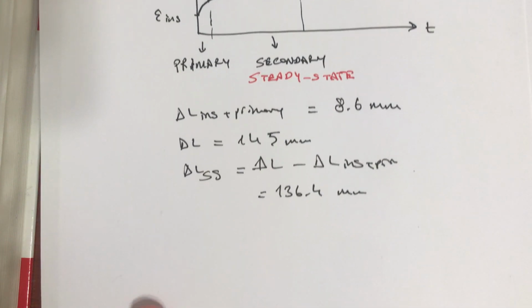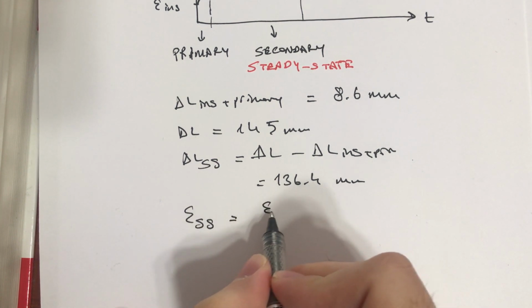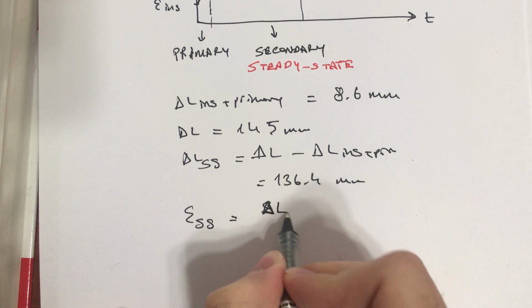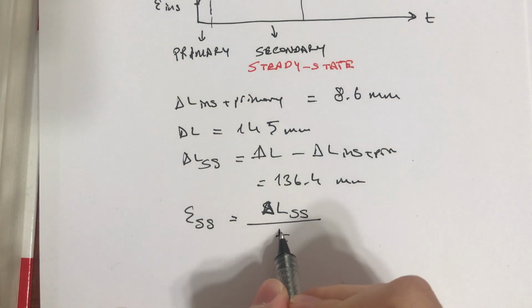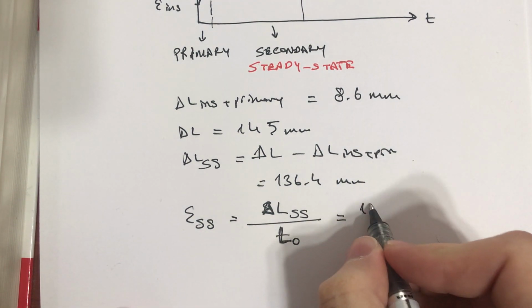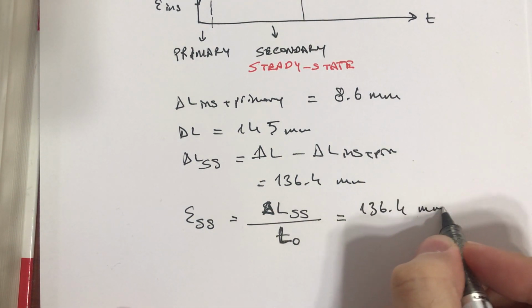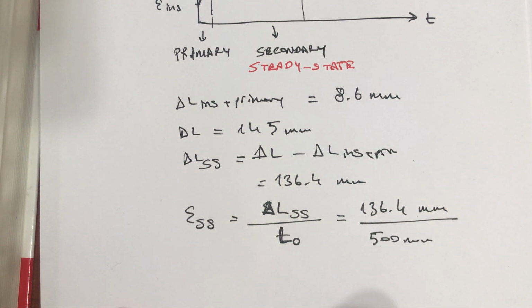Then we can calculate the steady state strain, which is delta L steady state over initial length L0, 136.4 millimeters divided by 500 millimeters, our original length.